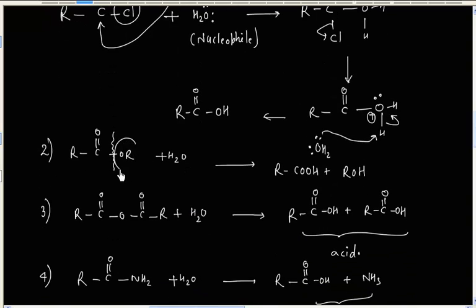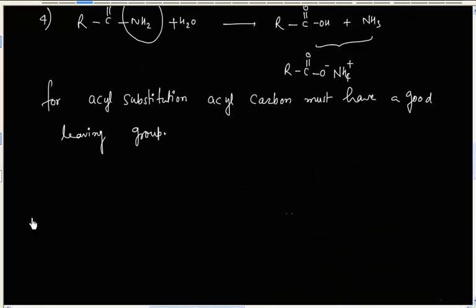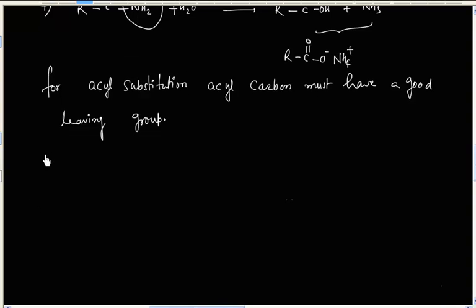In this case, alcohol is the leaving group. In this case, acid is the leaving group. In this case, ammonia is the leaving group. Aldehyde and ketone do not give acyl substitution.